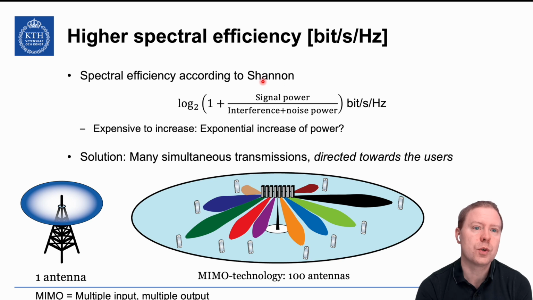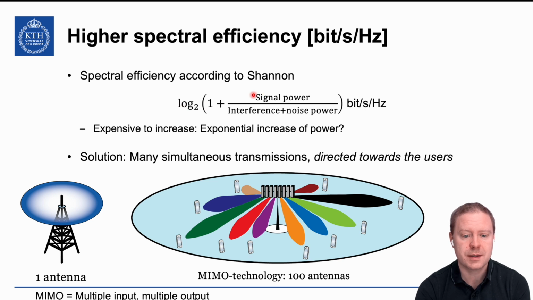The formula that Claude Shannon computed in the 1940s is that you should take the 2 logarithm of 1 plus the signal power that you have at your receiver divided by the interference plus noise power that the receiver is observing, and this then gives you a number, which is the number of bits that you can transmit per segment. And the annoying thing with a formula like this is the logarithm.